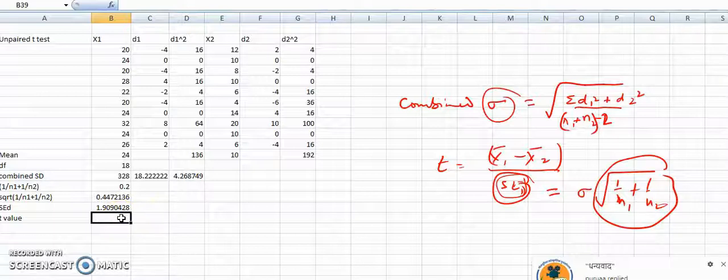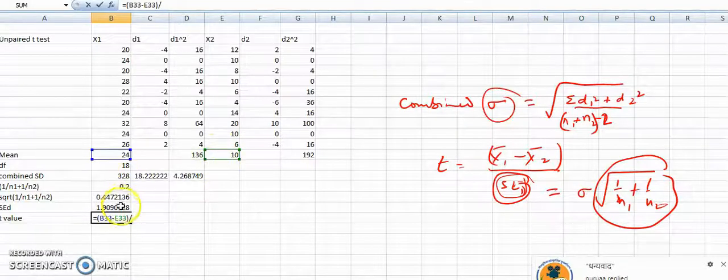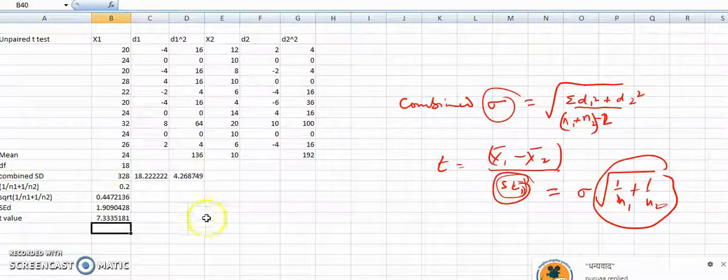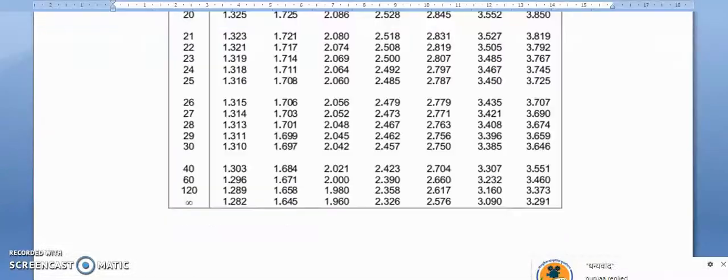So the t value is therefore the difference of means of the two data divided by this standard error value. So it is 7.33.